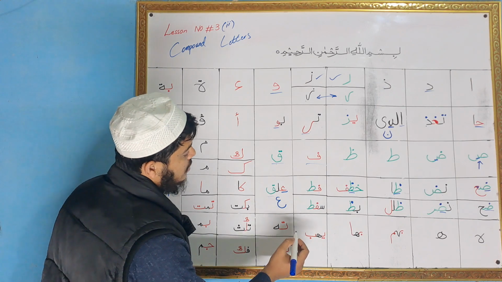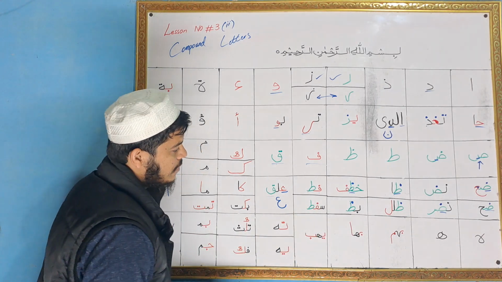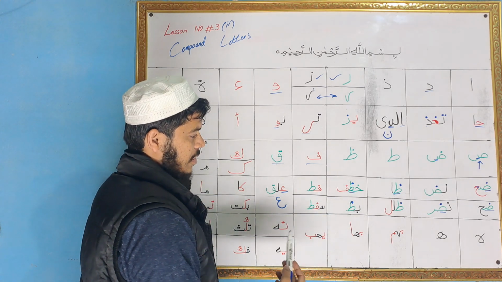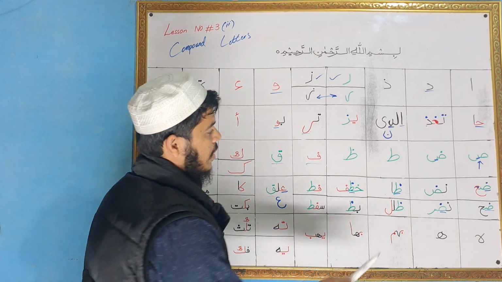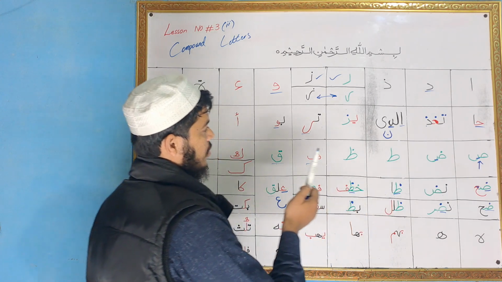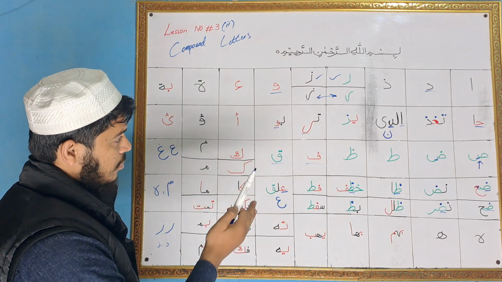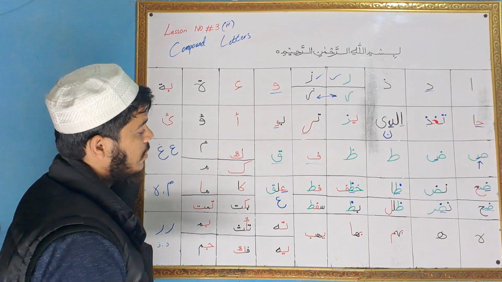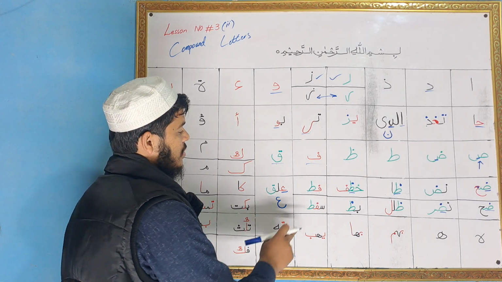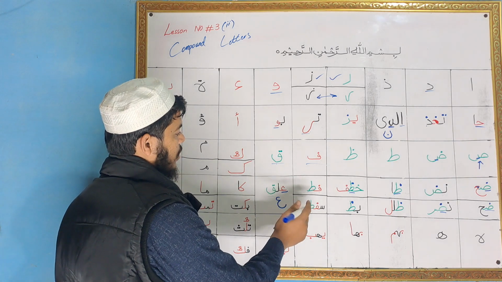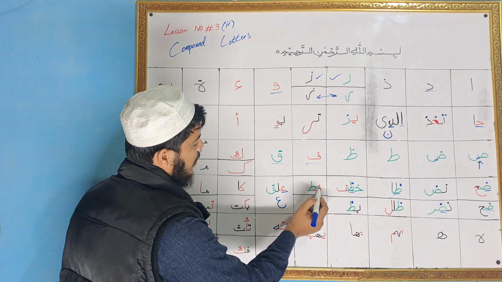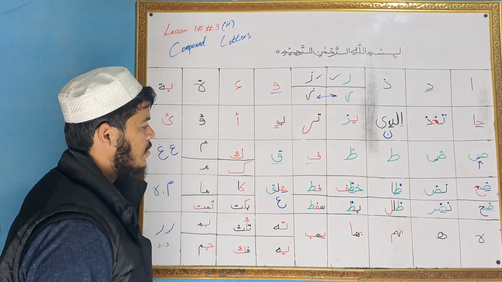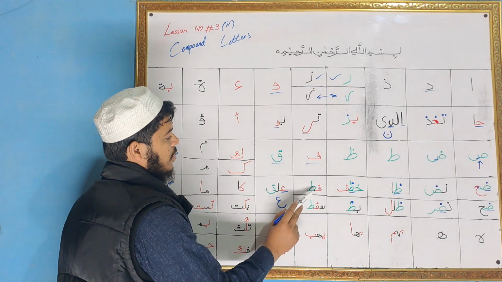Noon will not have this rounded form, and Pa always has a unique shape, and Dad and Ghain have their own unique shapes. Basically, you do not have to mix up this letter with any other one, because it is the only letter with this curly shape in the beginning. So this one will be considered Fa.